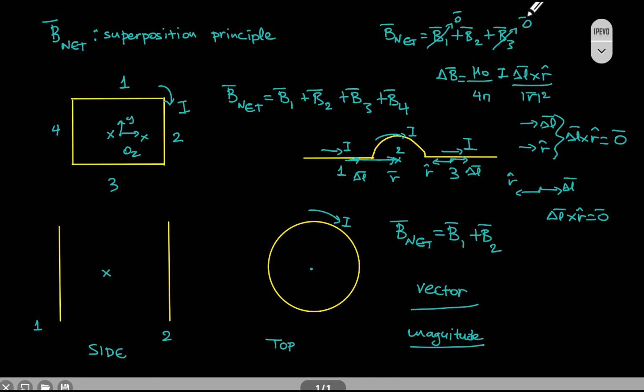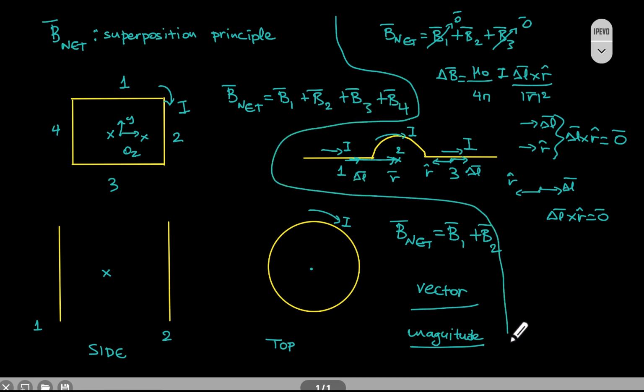Now, what I want you to do is to remember this. Well, one thing, remember the approach. Always, you will need to break your current distribution into pieces. You will need to add the contributions to B net from all of those pieces. However, when you do that, you need to be careful to make sure you find out the directions of the magnetic fields using Biot-Savart's law.